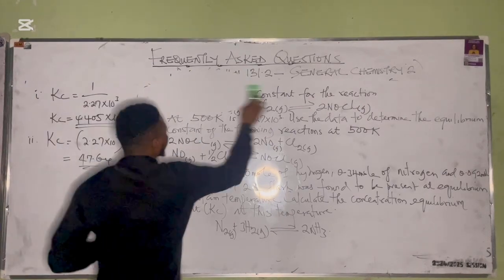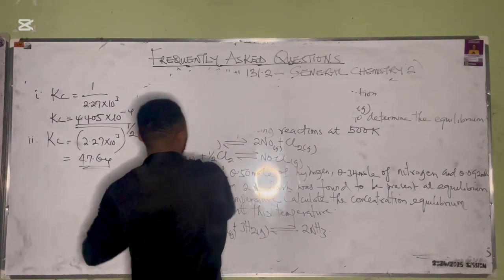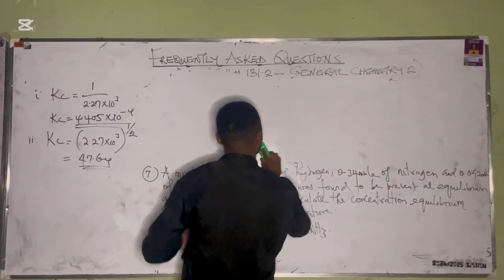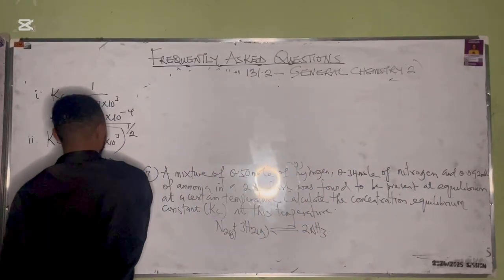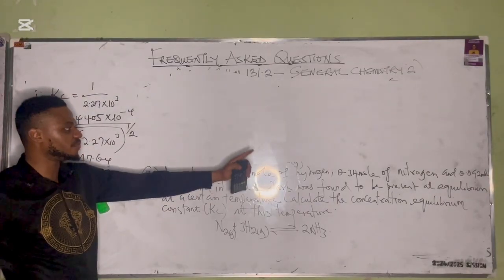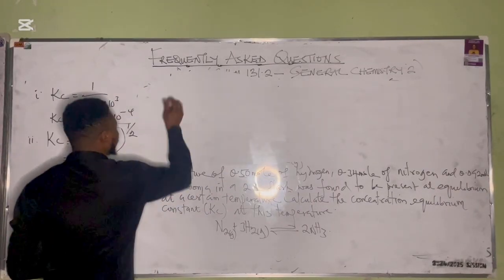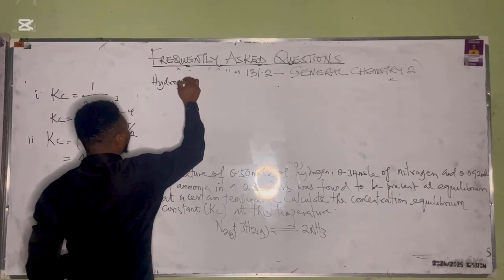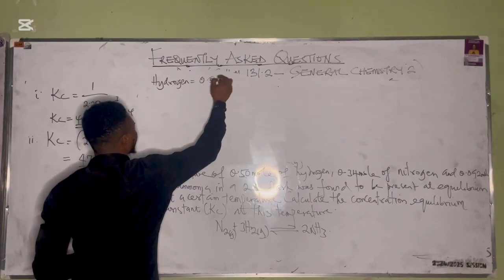I'll be cleaning this up so you can have enough space to do this question. Now, a mixture of 0.5 mole of this. So let's just use the parameters. We are told that hydrogen has 0.5 mole.